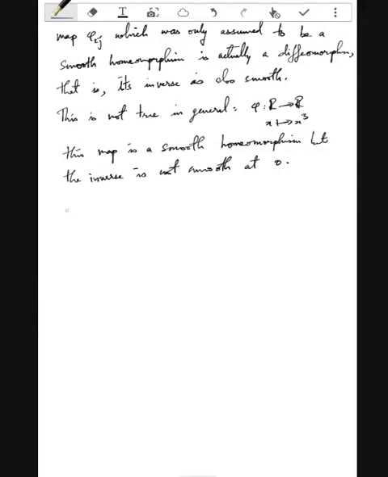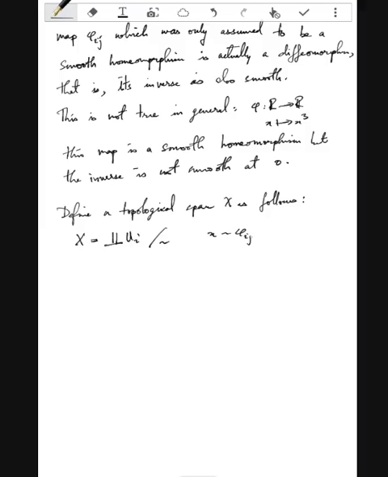Okay, so having made these two remarks, we can define a topological space X as follows. As before, X is the disjoint union of the U_i's, modulo the equivalence x is equivalent to phi_ij of x. But now X also has a smooth structure. So what do we mean by this?